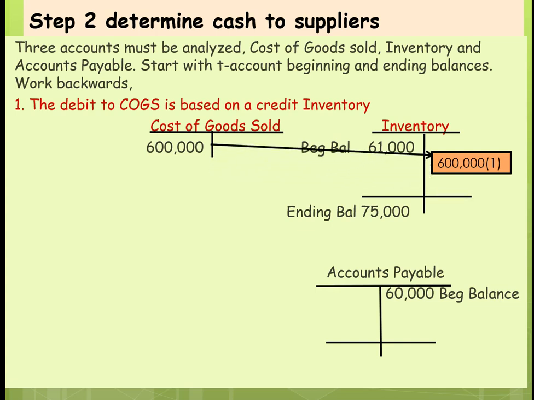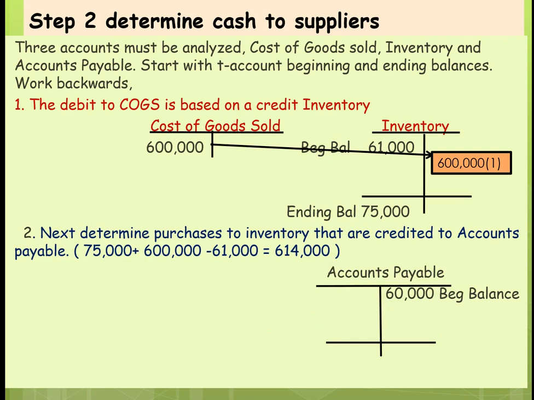Now I can figure out how much we added to inventory. So, based on looking at the numbers, we would take the 75 plus the 600 minus the 61, the beginning balance, which tells us that would be 614.